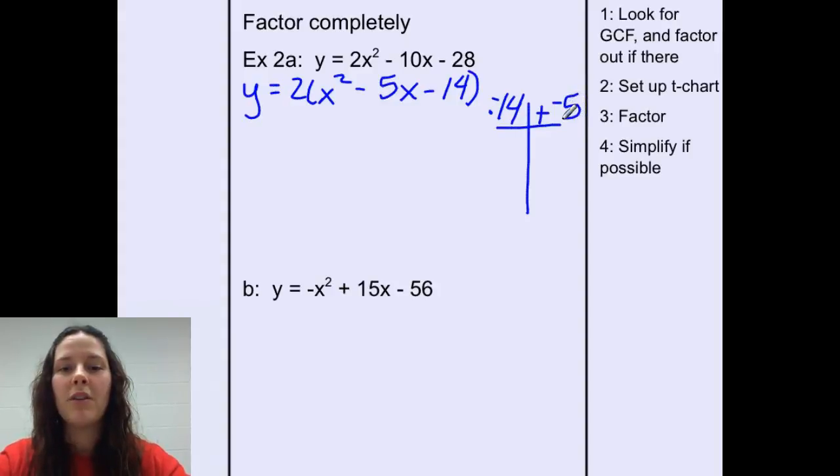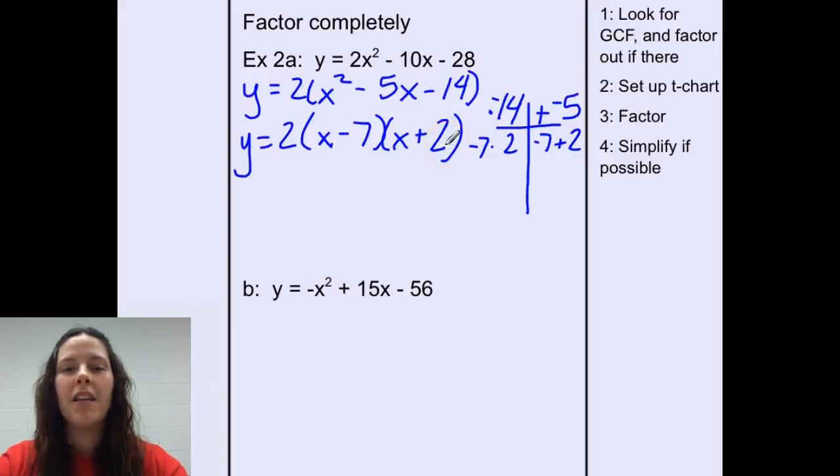Two numbers that multiply to 14 are 7 times 2. We need to multiply to a negative, so we should have one negative value, and we're adding to a negative, so the larger value should be negative. Negative 7 plus 2 is negative 5, so we get y equals GCF of 2, x minus 7 times x plus 2.